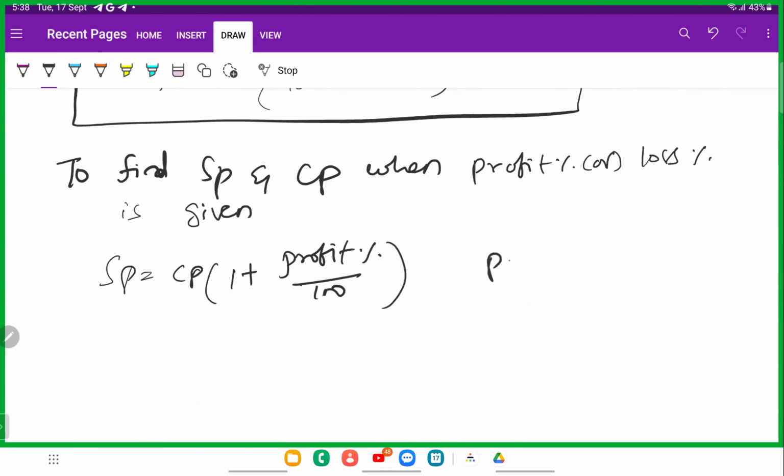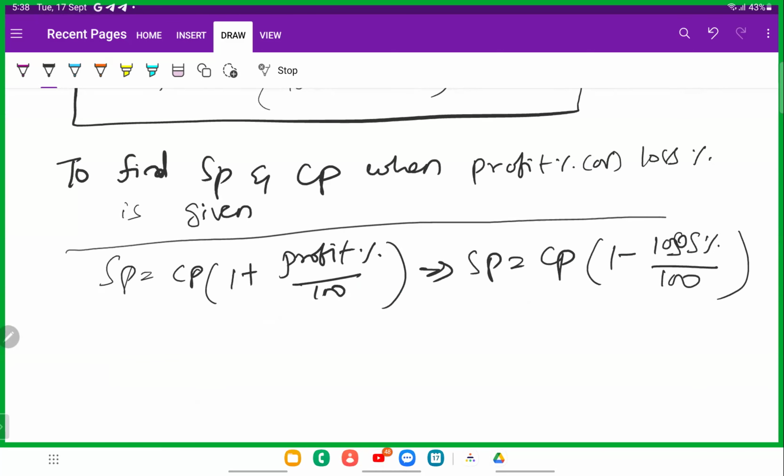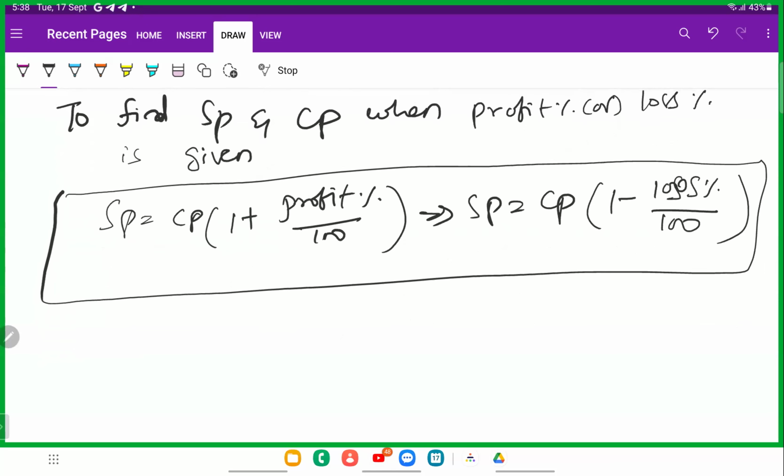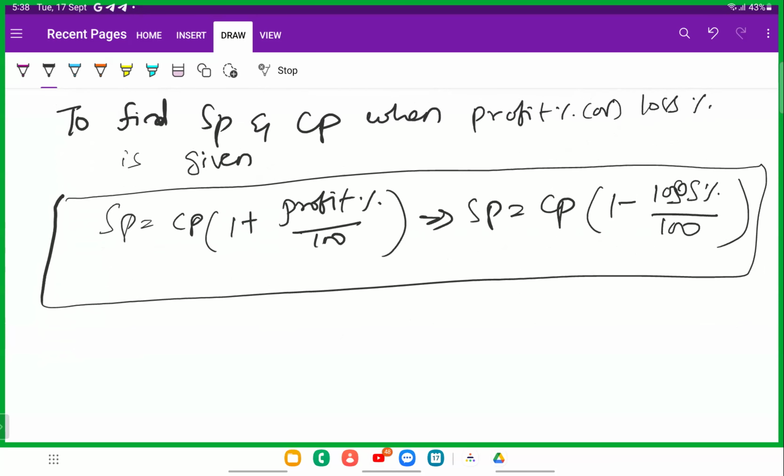Similarly, SP is equal to CP into (1 minus loss percentage by 100). So these are the formulas I just discussed, and I'm mentioning them here. You can make a note of it if you want. And let's solve some problems.